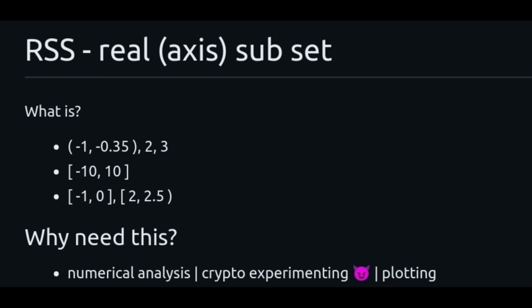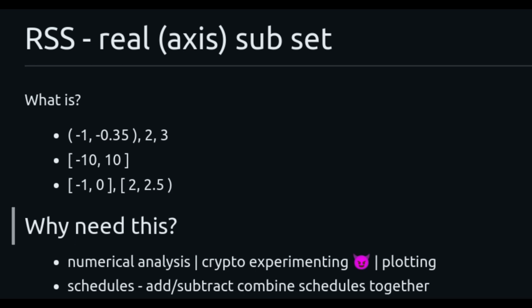You could do plotting in JavaScript, and it is very constructive to have operations on these kinds of sets. Also, you could do some crypto experimenting, why not? Numerical analysis, and so on. Another use case is you can see schedules as objects on the numerical axis, because dates are represented by numbers.